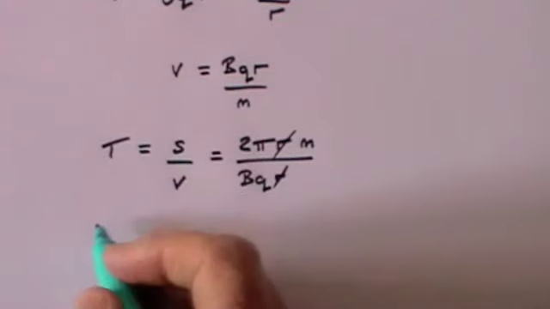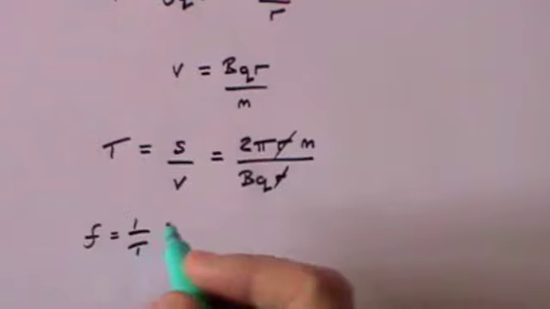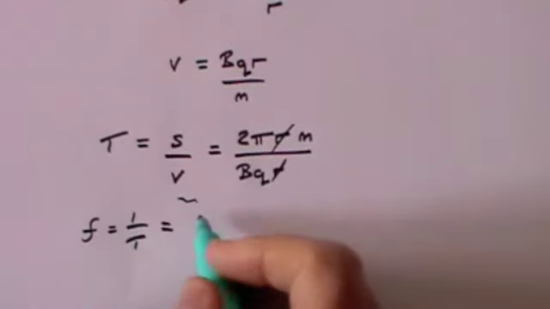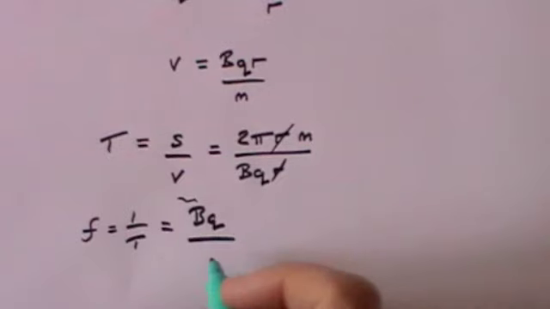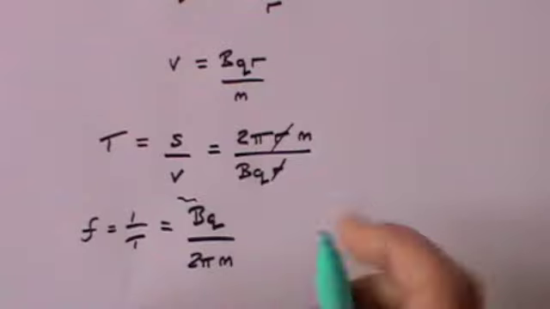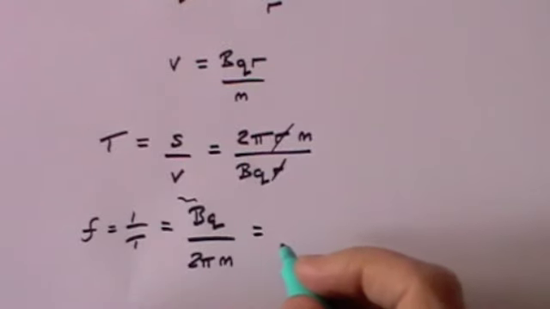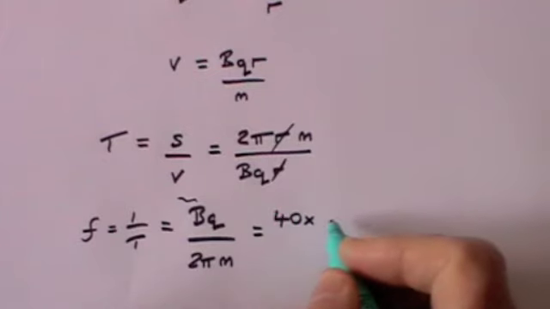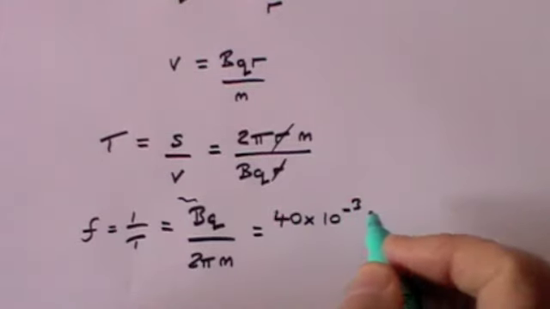But the frequency is of course 1 over the period, so the frequency is going to be bq divided by 2 pi m. And now it's just a case of putting in the values. Well, B we were told was 40 milliteslas, so that's 40 times 10 to the minus 3.